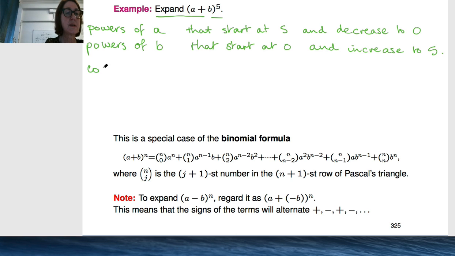The coefficients of the terms come from Pascal's triangle.